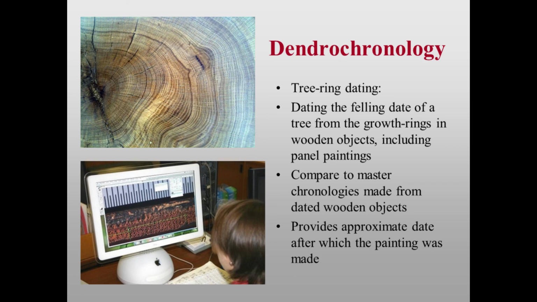Okay, you can't get maybe the exact date this thing was painted, exactly in 1452. You've got to have a little leeway, but it does give you a lot of information, and you can use this judiciously. And I'll give you an example.